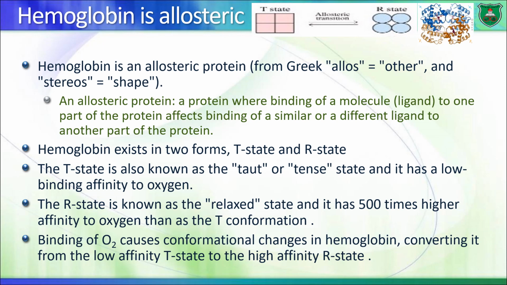So what happens is that in lungs, hemoglobin assumes the R state, the high affinity structure, and when it reaches tissues, it switches to the T state or the low affinity state, and oxygen is released.